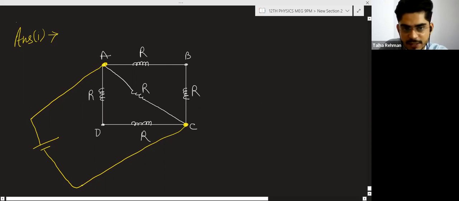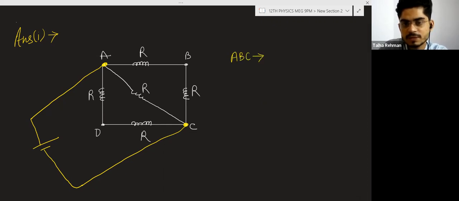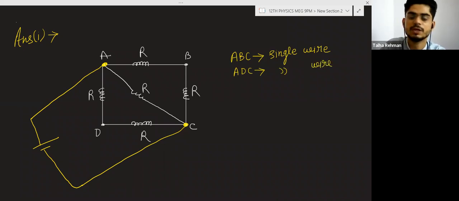Means this ABC is a single wire, and this ADC becomes a single wire. Okay, Hamza? This whole wire will have the same current, and this whole wire will have the same current.